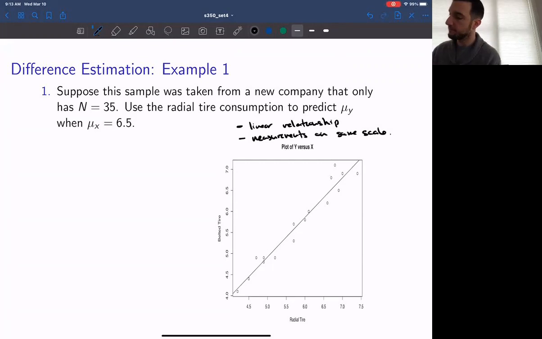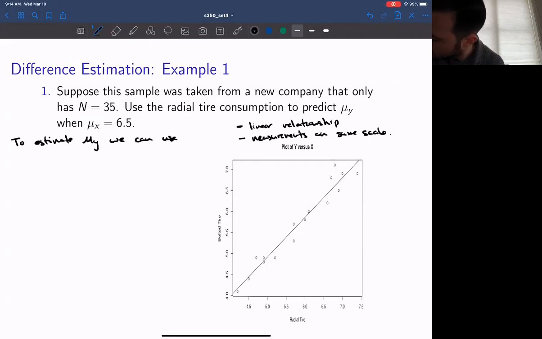All right. So to estimate mu y, we can use difference estimation.